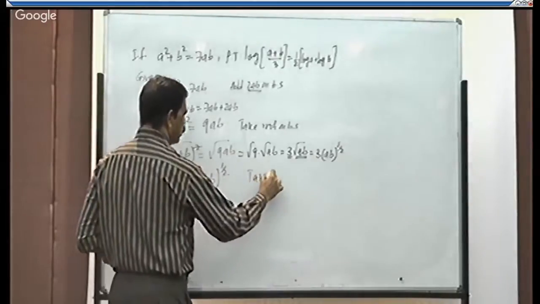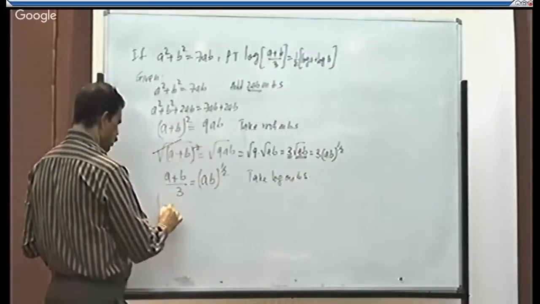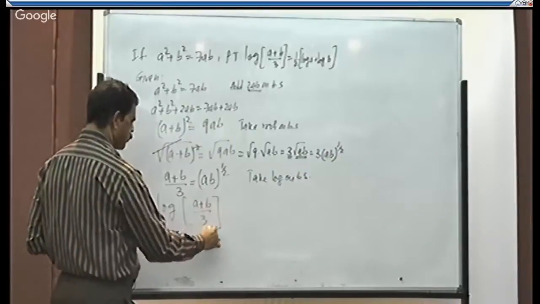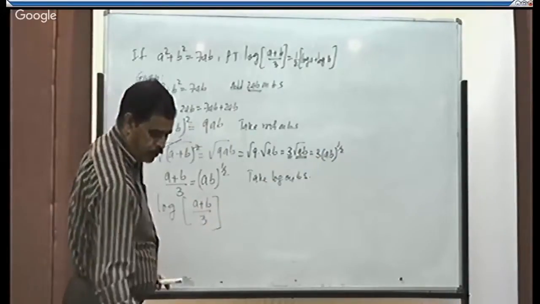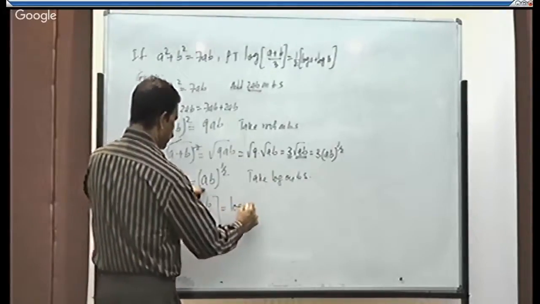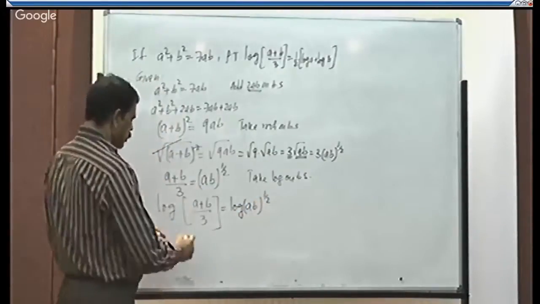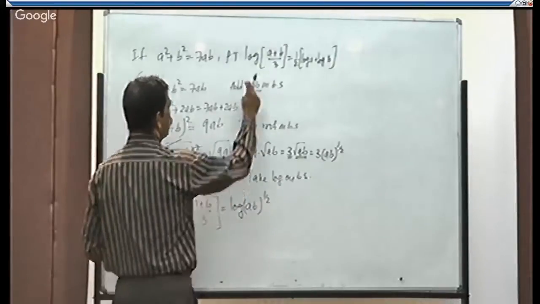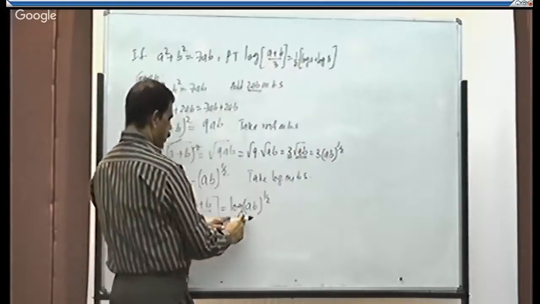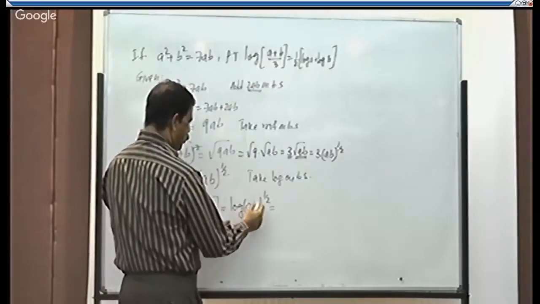Now take log on both sides. It becomes what? Log of a plus b divided by 3 is equal to log of ab to the power of half. On the left hand side we have obtained log of a plus b by 3, and we need to get the right hand side. So simplify only the right hand side part.